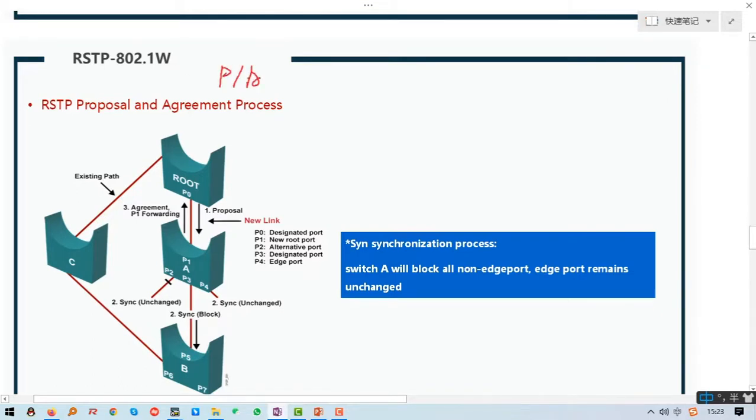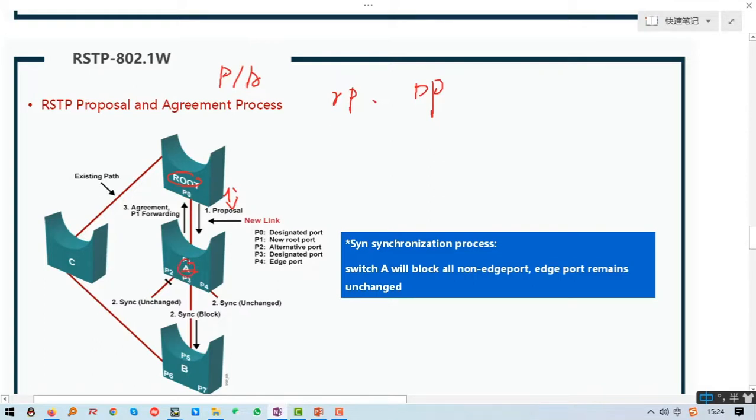PA is a very important knowledge point to make a root port, RP, and designated port enter the forwarding state as soon as possible. First, when the link is enabled, both root and switch A receive the BPDU sent to each other.